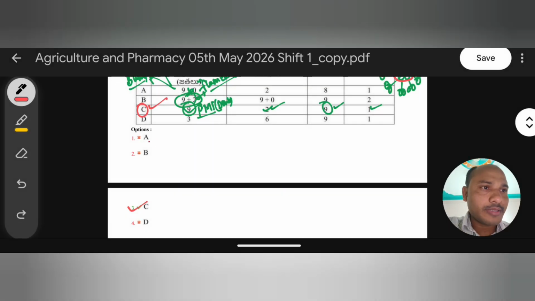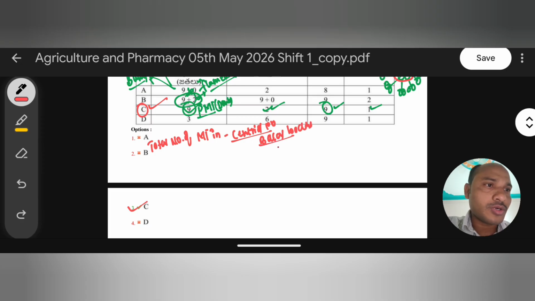If in an exam they ask the total number of microtubules in a centriole or basal body, your answer must be this. How many microtubules are there at the periphery? 9, but in which form? Triplet, so 9 times 3 is 27. Sorry, the speaker states 21. So 21 microtubules are present in centrioles and basal bodies.